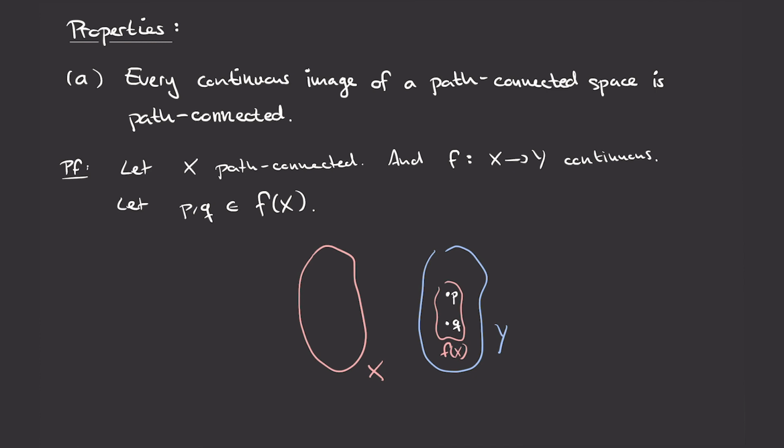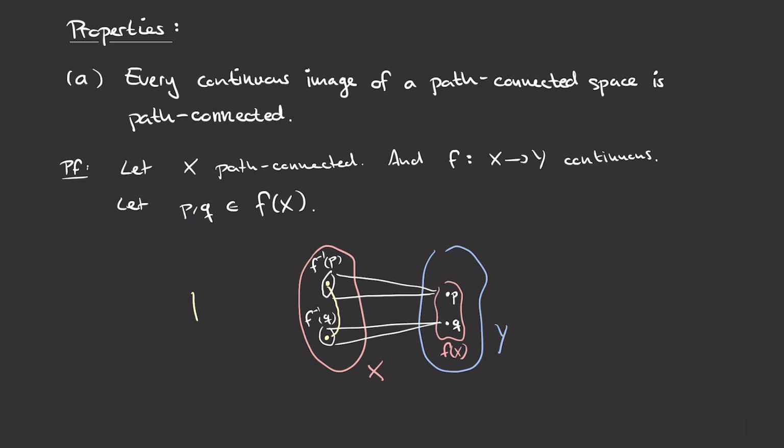And the obvious thing to do here is to look at the pre-image of these two points under this continuous map f. So up top here I have the pre-image of the point P, and on the bottom is the pre-image of the point Q. And now because X is path-connected, if I take any point in the pre-image of P and any point in the pre-image of Q, there will be a path going between them.